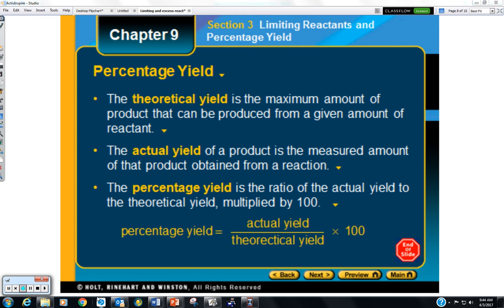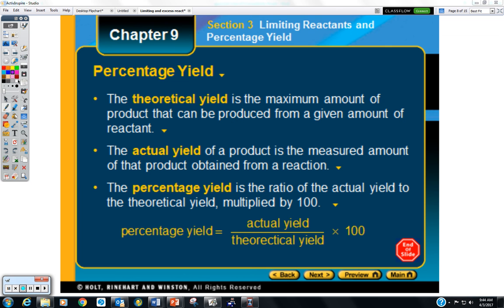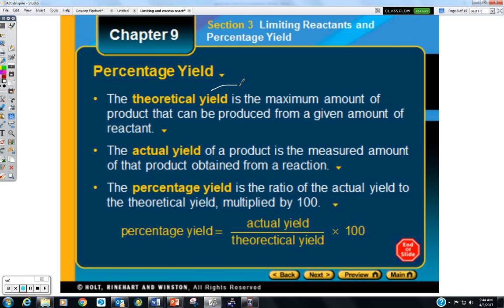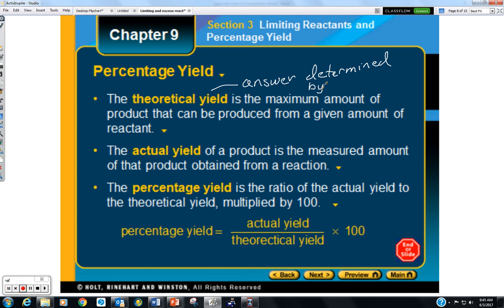All right. So theoretical yield, again, is the answer determined by a stoichiometric calculation.